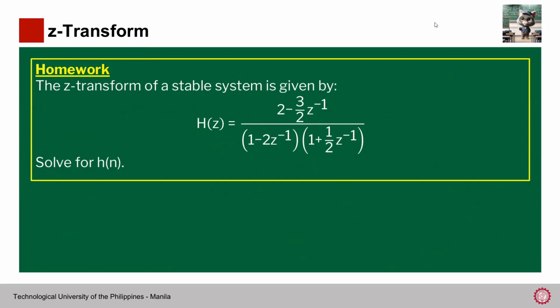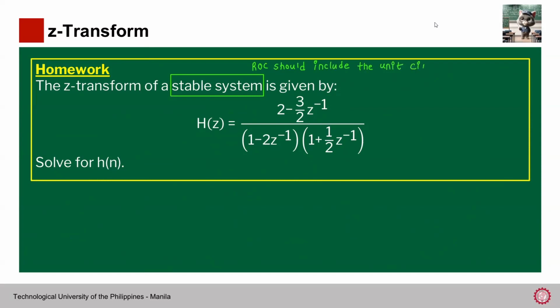Sabi daw the system should be stable. When do we say that a system is stable? If the ROC should include the unit circle.